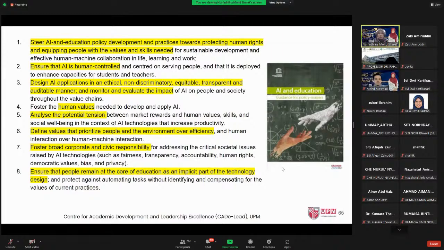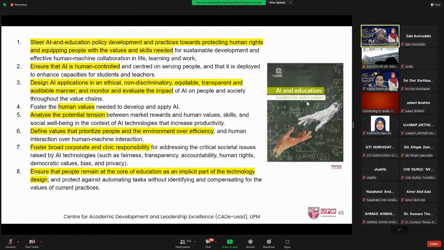UNESCO has also released the AI and education guidance for policymakers.